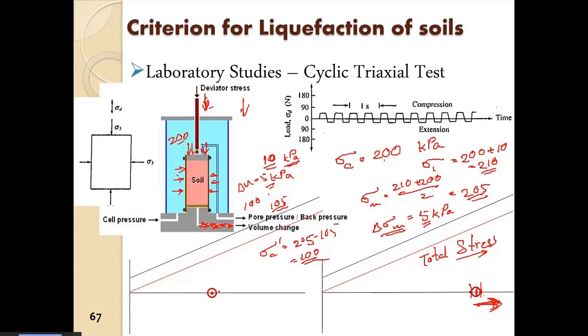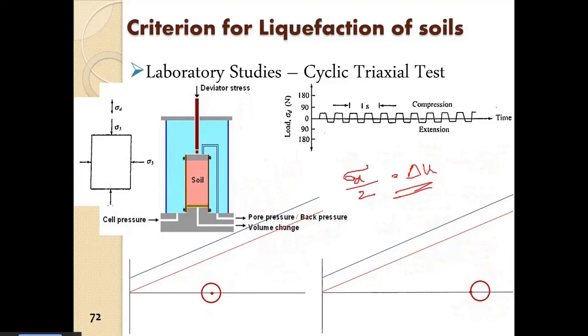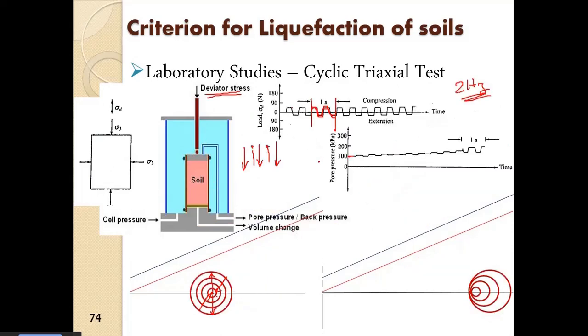But with application of dynamic loading, very quickly the load is applied, there is now increment of pore pressure beyond this value, and the pore pressure is going on increasing with each cycle of loading.